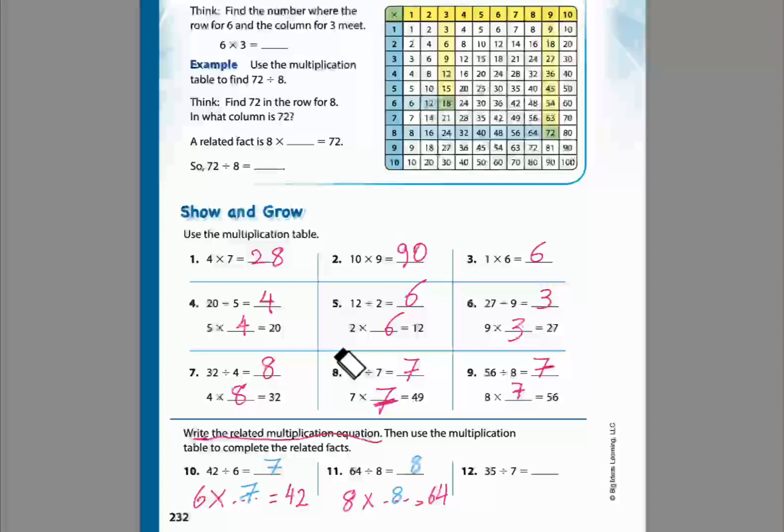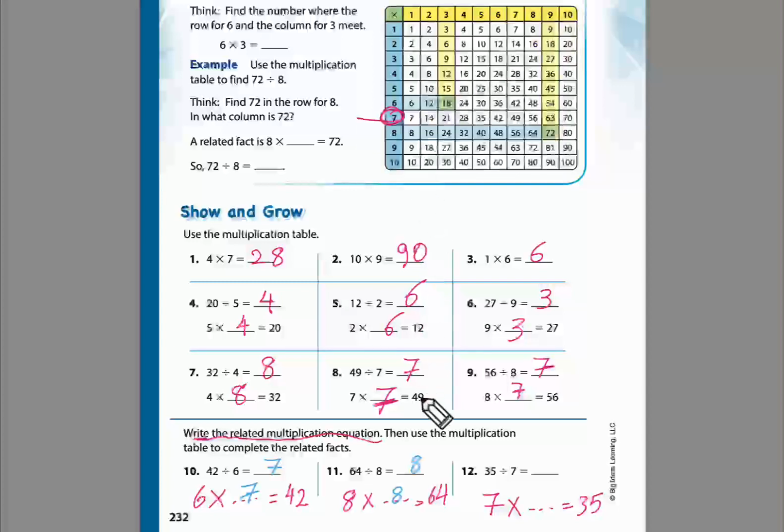35 divided by 7. What should we do? 7 multiplied by what equals 35? We will go to number 7. Yes, let's use the table. This is the 7.